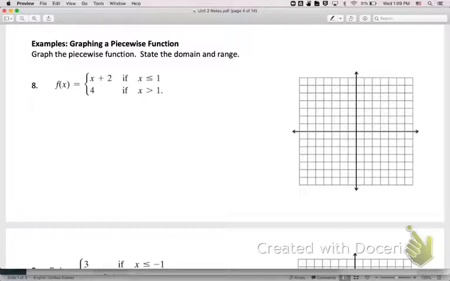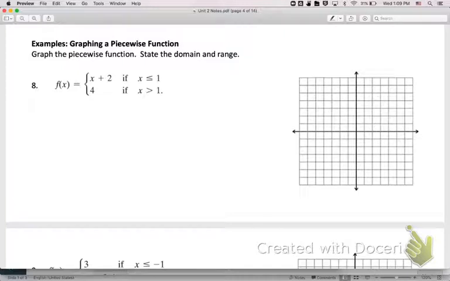So for number 8, we have 2 pieces. We have x plus 2 if x is less than or equal to 1, and 4 if x is greater than 1. So the way that I always set this up is I always make tables. You may come up with a faster way to do this, especially if you notice that it's linear or quadratic or however you want.